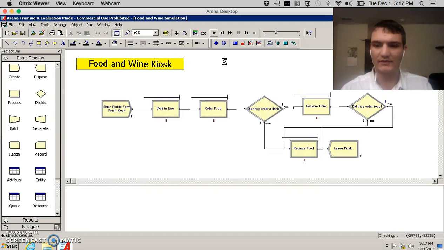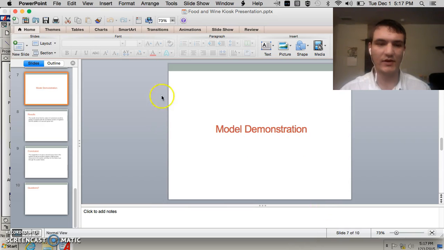Using a Mac, you have to use the remote server for Arena. While this is checking, I'm going to go ahead and finish the presentation.